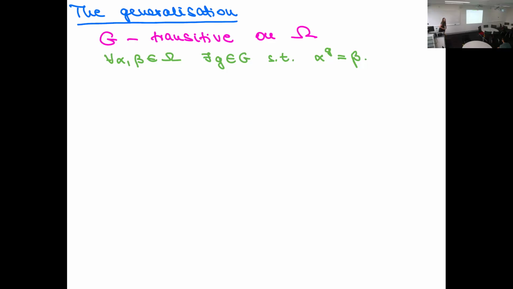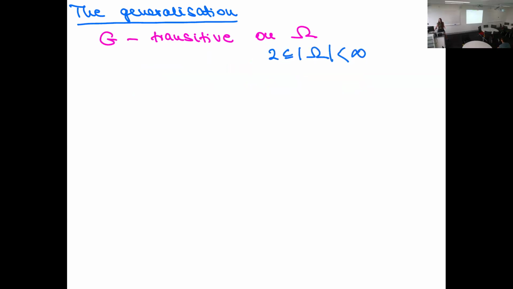And that is something that, for example, the symmetric group will do. G acts on that set transitively. And it could act just not transitively if we didn't have this condition that you can send any point to any other. But if it's transitive, we need that condition.